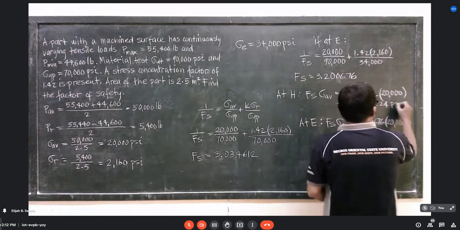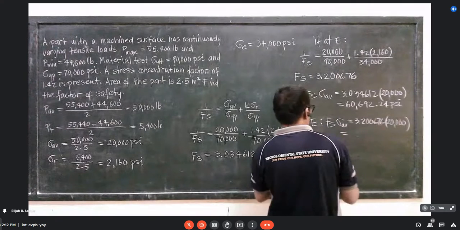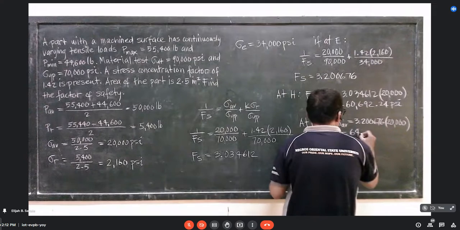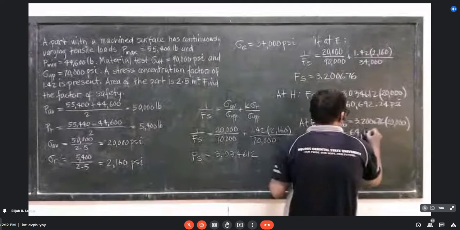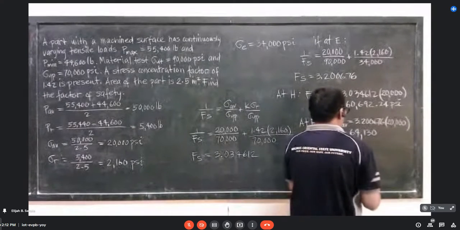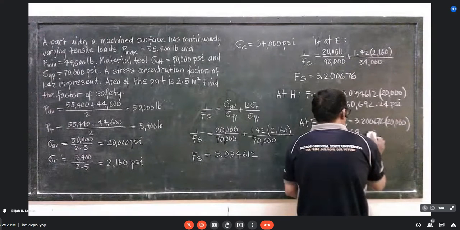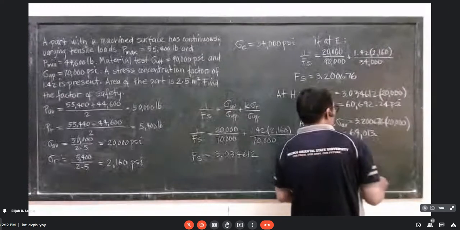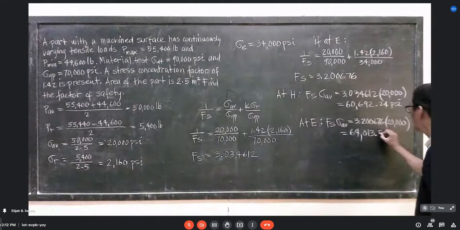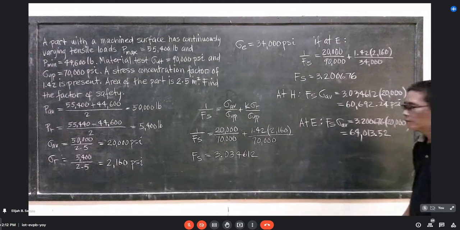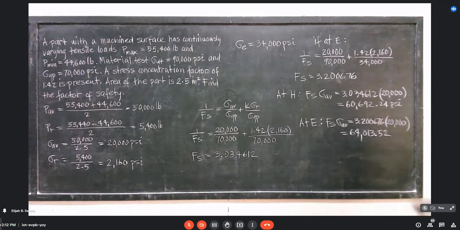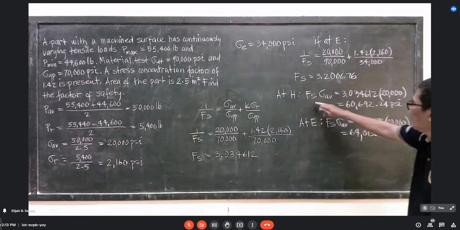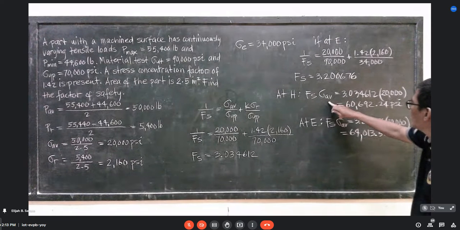And this one is 64,013.052, sir. Yes, sir. Okay, so you will notice that when it is at H, the factor of safety average is this one.